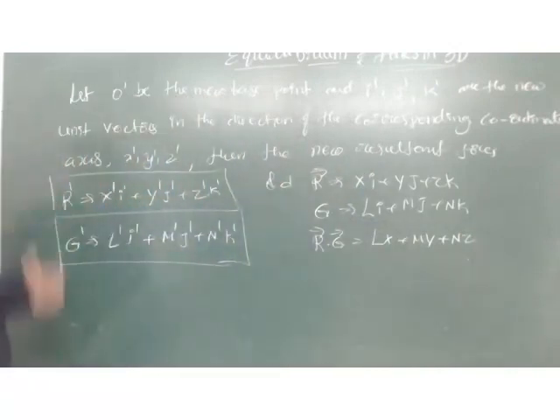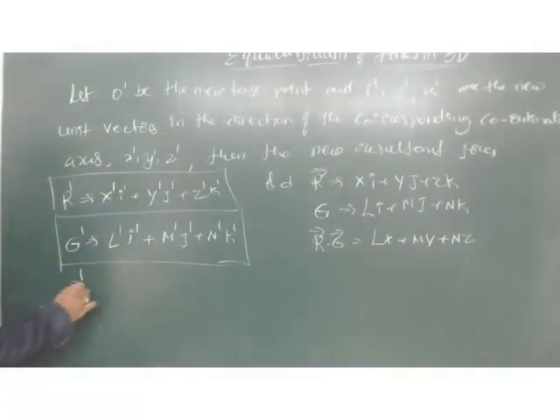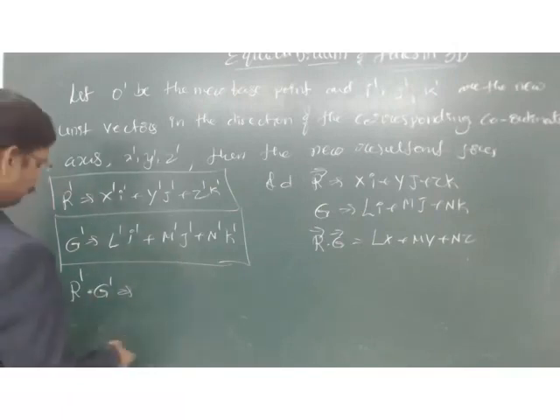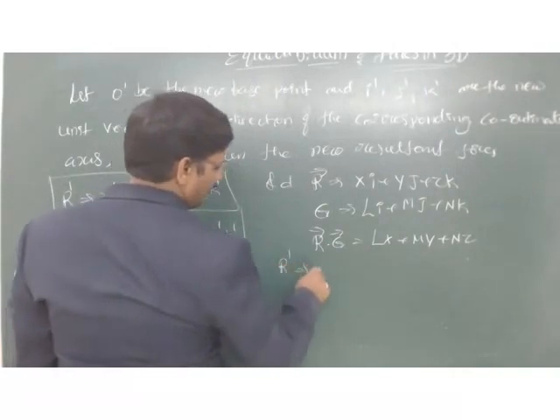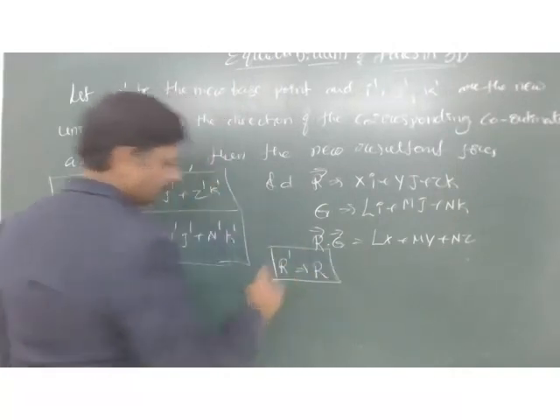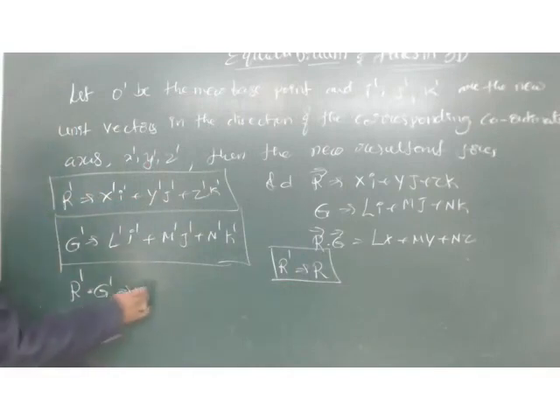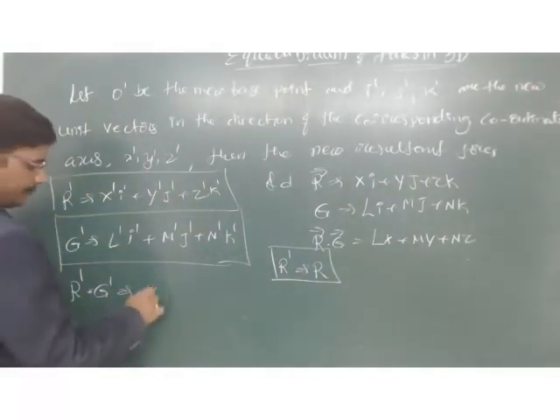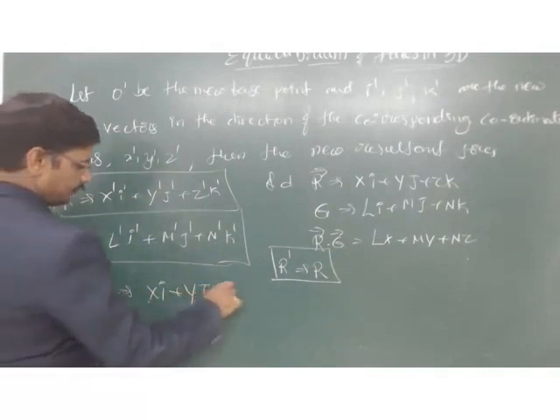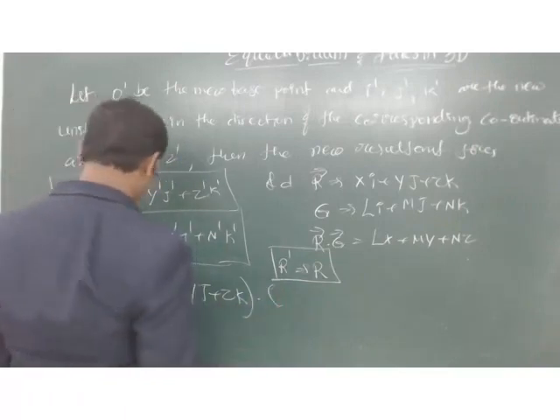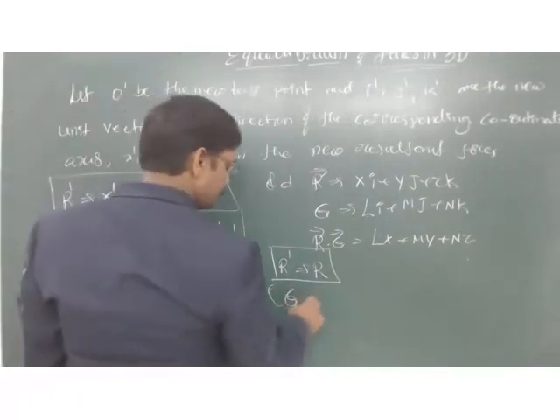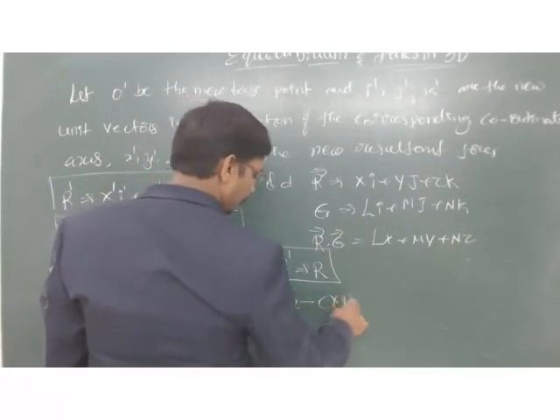So here also if you try to prove it, R dash dot G dash, so R dash equal to R, we know that, right? So this can be treated as Xi plus Yj plus Zk dot product with G dash, that is G minus C cross R.